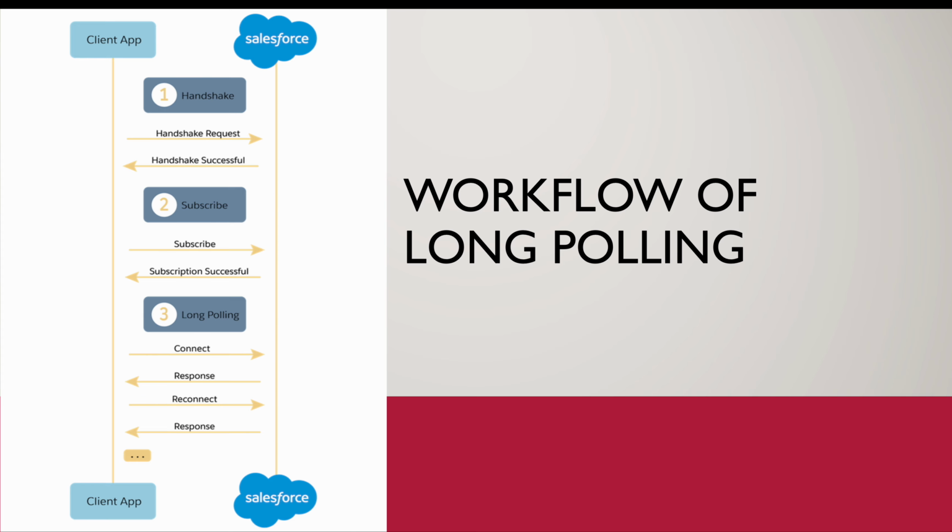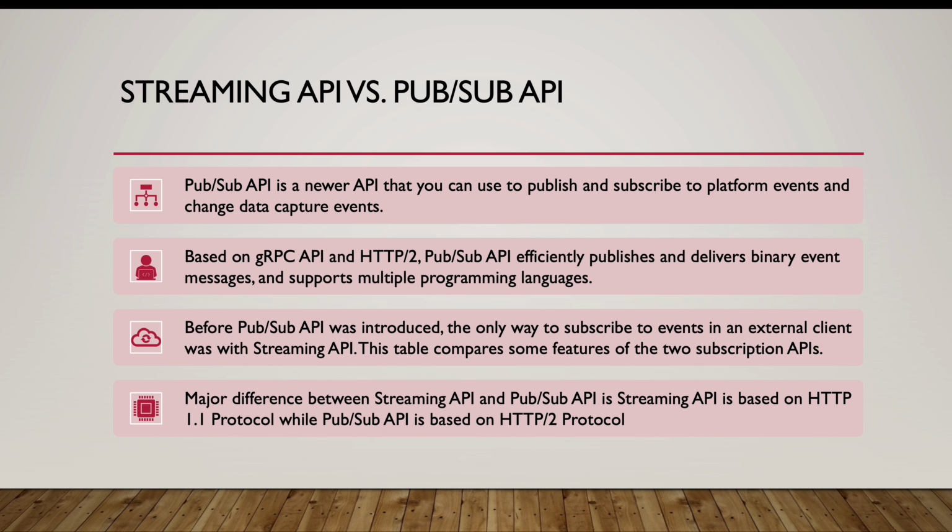Otherwise, the client app resends the connect request, and Salesforce waits for the specific timeout period, and this process goes on. You can see that the connection is never broken, because we are not making the handshake request again and again. We are only sending the connect request again, after a specific timeout. So this is called long polling.